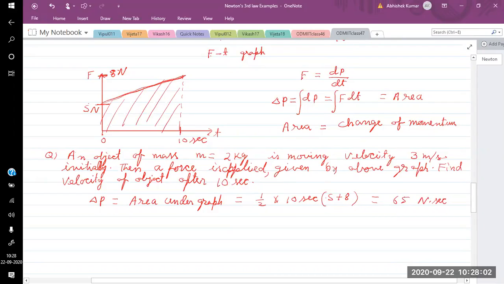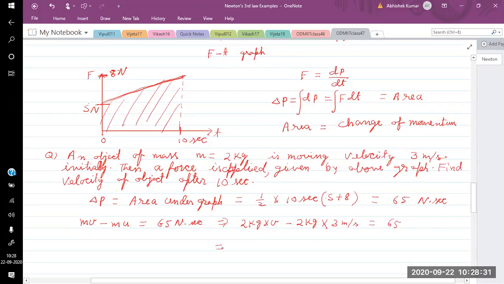Now the change of momentum we can write in terms of velocities also. Suppose the initial velocity is u and the final velocity is v. We can write final momentum mv minus initial momentum mu, which will be equal to 65 Newton second. M is 2 kg, v we need to find, and u is given as 3 meter per second, and that is equal to 65.